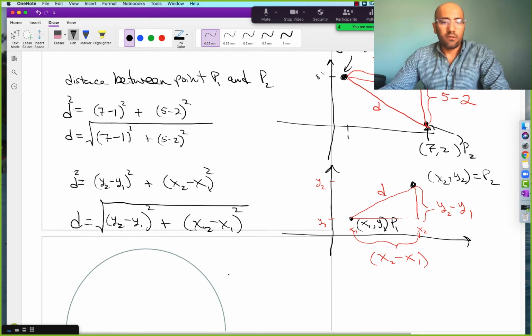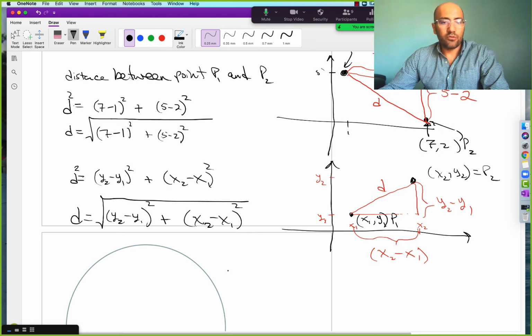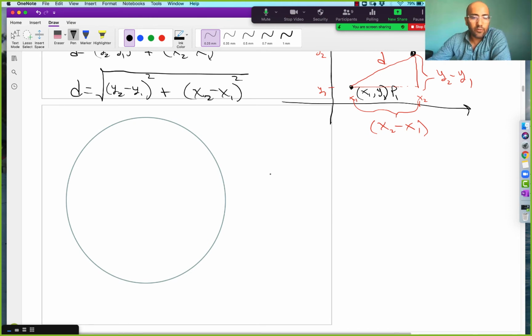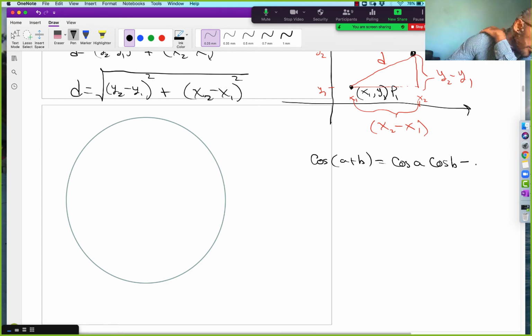Okay, so now that we're armed with those two statements, let's go back to trying to prove what we want to prove here. Let's do the cosine one. So we have cosine of A plus B equal to cosine A cosine B plus, I always forget the forms of these, it's minus, right?